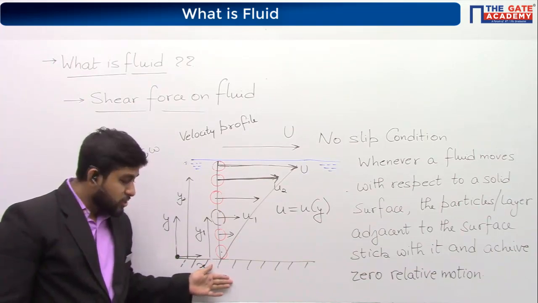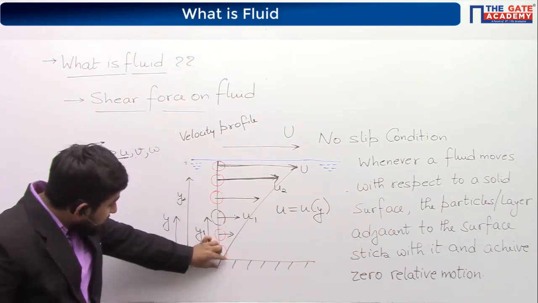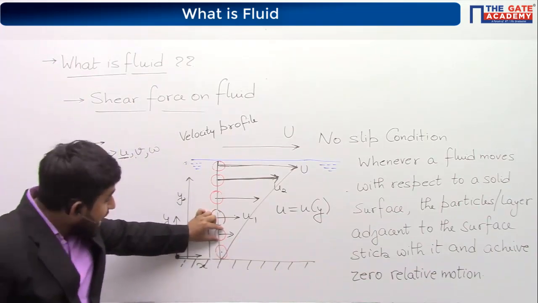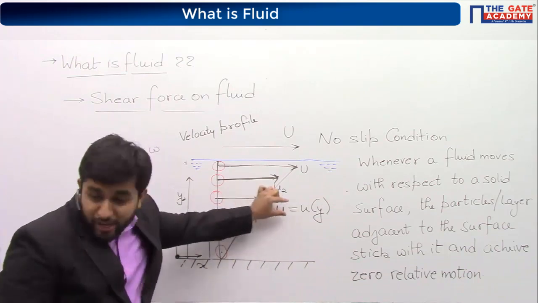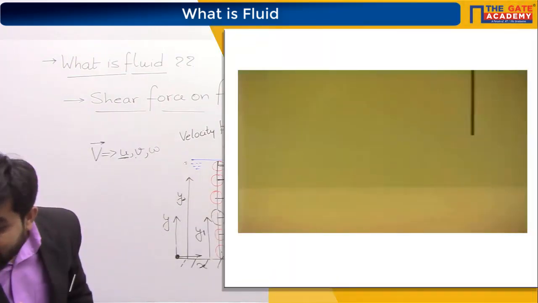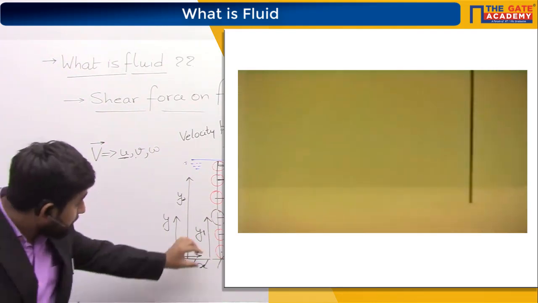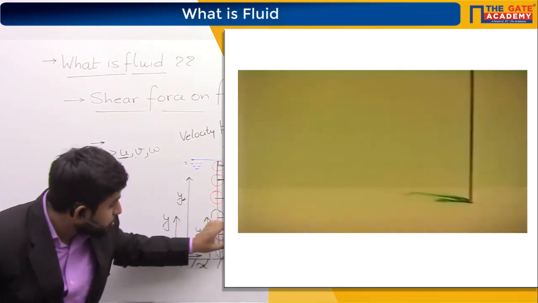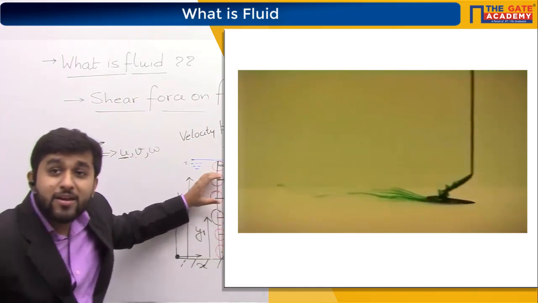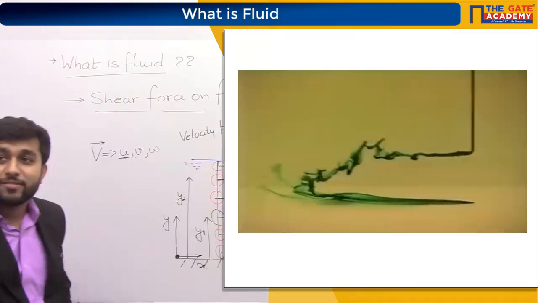So there is some no slip condition. But the particles which are inserted over here are moving. And if you can observe properly, the particles which are here are moving slowly, but particles which are here are moving faster.